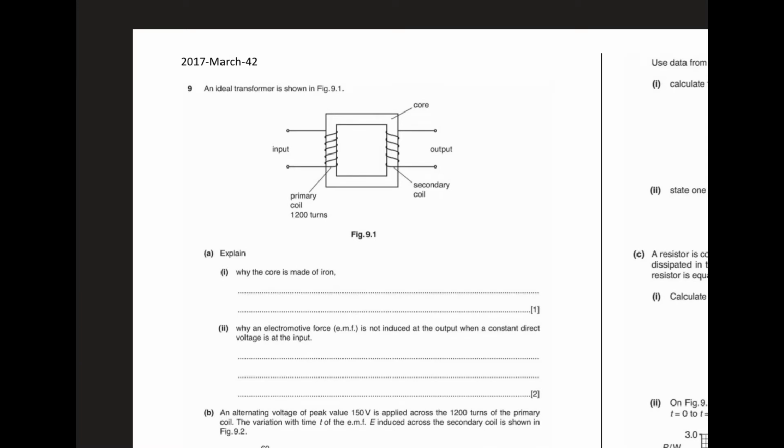An ideal transformer is shown in figure 9.1. Explain why the core is made of iron. To increase magnetic flux linkage.